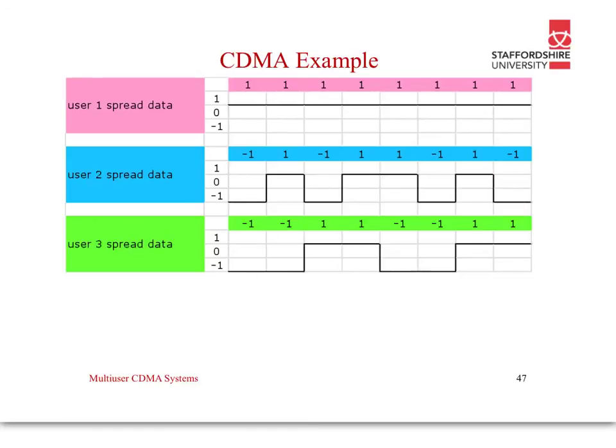User 3's data is -1, -1, +1, +1, -1, -1, +1, +1. So the composite waveform is the addition of these three at the different instances in time. It will be the addition of these 3 bits, then the addition of these 3 bits, and the addition of the following 3 bits.